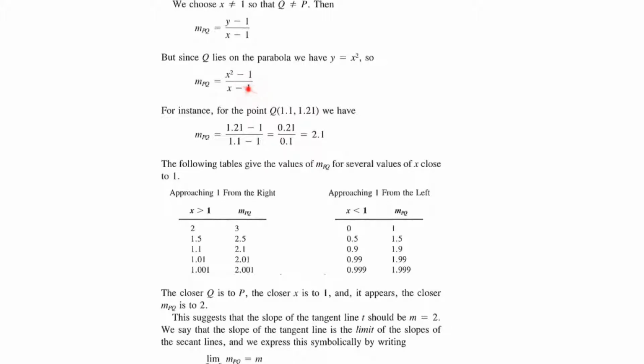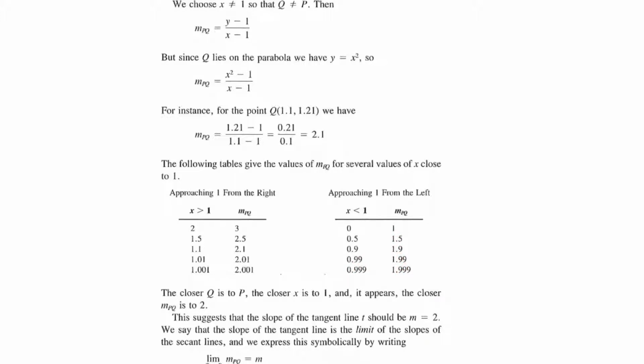Now, we find the slope of PQ by choosing some values for x. If x is 2, the slope is 3. x is 1.5, the slope is 2.5. When x is 1.001, the slope is 2.001, when x is greater than 1. When x is smaller than 1, we choose 0.9, 0.99, and we see the slope.